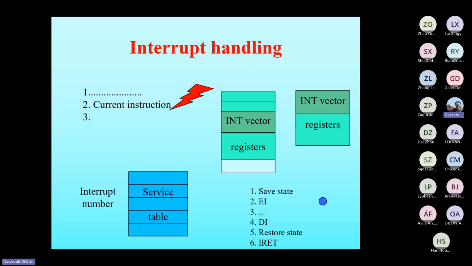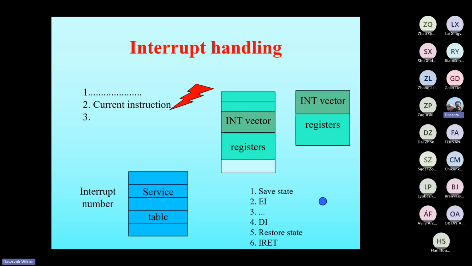When we have saved the state, now everything is safe. The current state of the process is entirely saved on its stack. So we enable other interrupts to come, because it can happen that during serving the interrupt, another interrupt of higher priority comes.